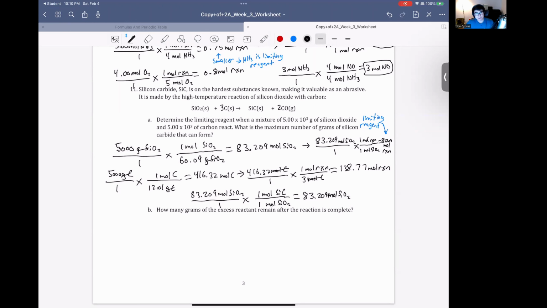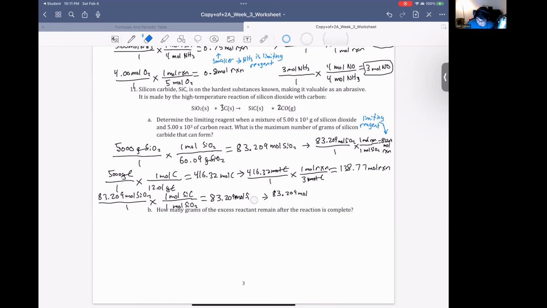Now, this is not what we want, right? So I'm actually going to extend this. Let me move this back. We want not the moles, but we want the grams. So I have to convert this into grams of silicon, oops, I meant to say silicon carbide.